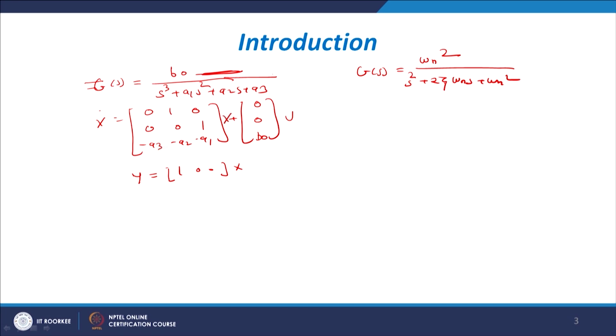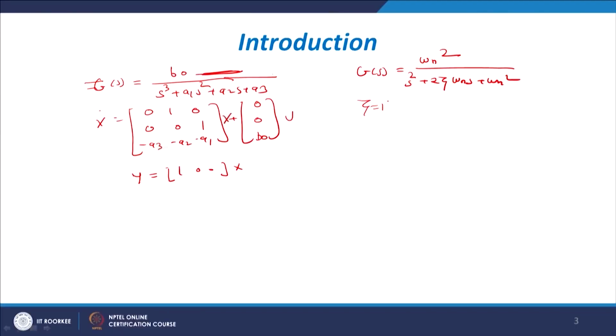Normally when we design any controller or check the response of any system, we consider different values of zeta. Suppose you consider zeta equals to 1, your system is critically damped, so you will get a response of this nature.